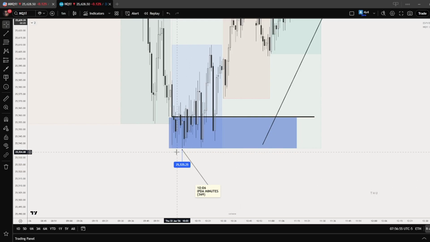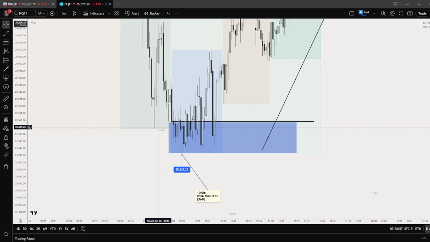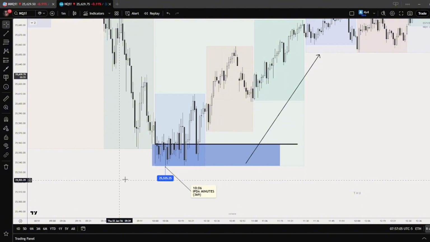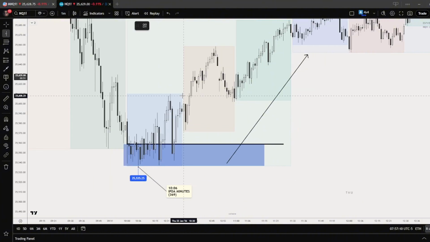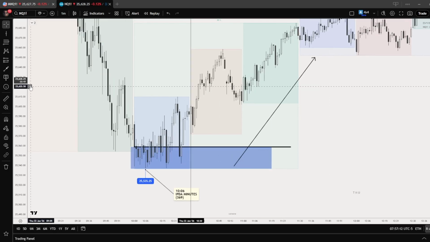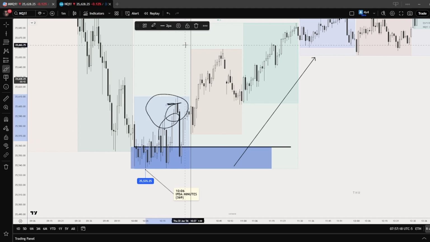So to say, protected low. So smart money was accumulating orders below the 10 a.m. open because the higher prices were next, and take a look where price finally distributed and got away of this accumulation.